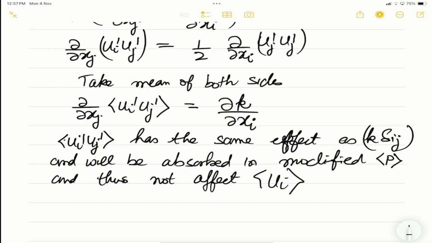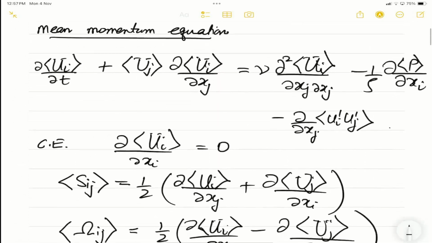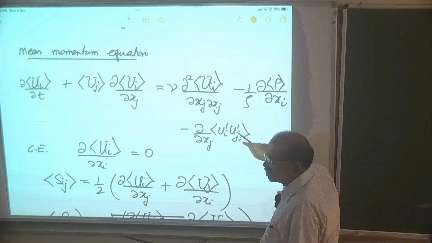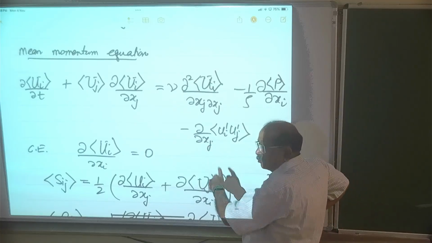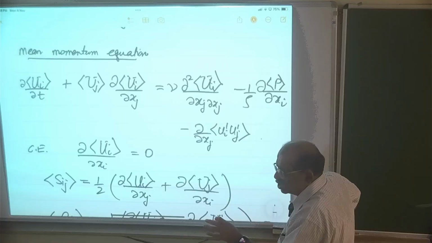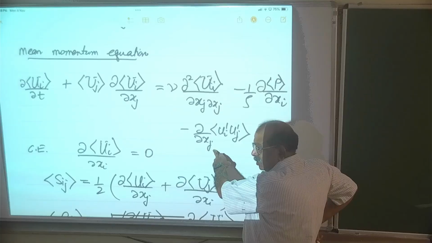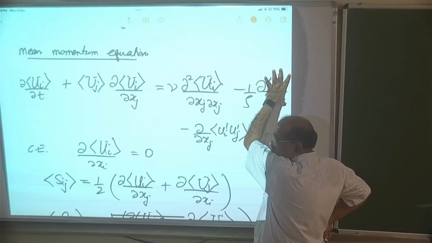So the last statement was, let's have a look at this, our equation, and in this equation we have this term. Now this term for irrotational fluctuations becomes dk by dxi, and therefore can be combined with the pressure term.